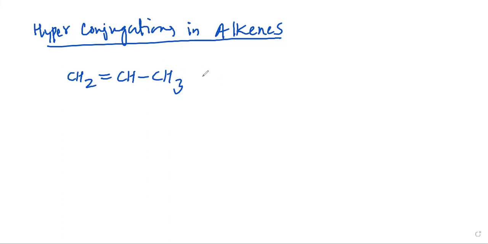Now what happens here? You have these 2 electrons of this pi bond. Let us say they go to the CH2. So now this CH2 will have 2 extra electrons, and due to that it will get a negative charge. I hope you understand, my dear students.